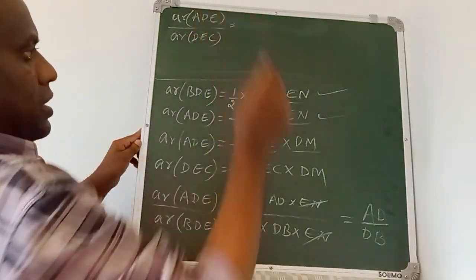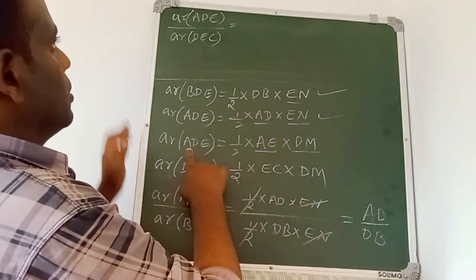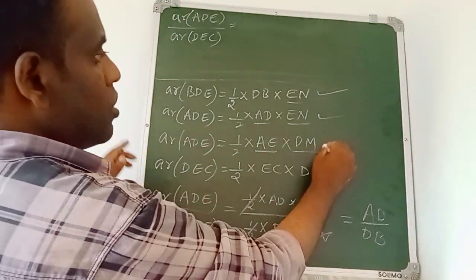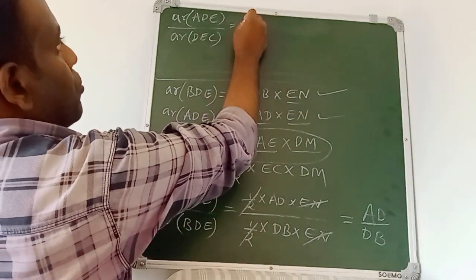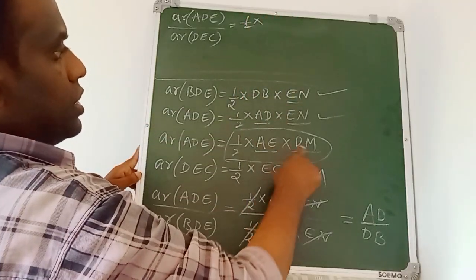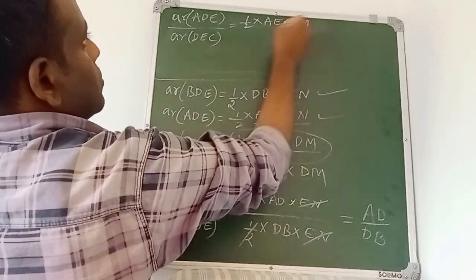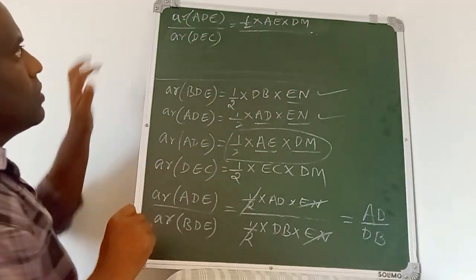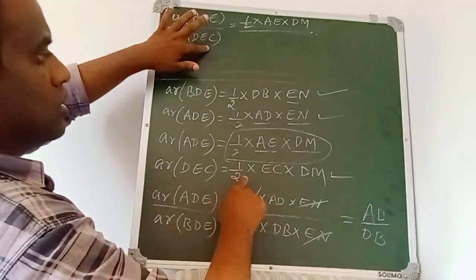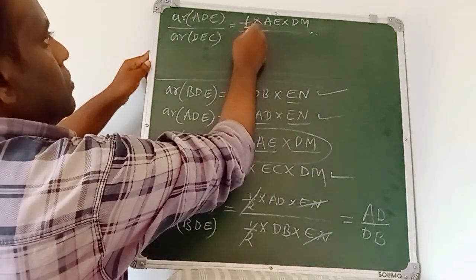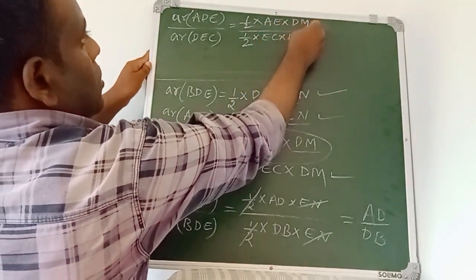So area of ADE, this formula I have taken here. Next time I will take this formula, this one. So half into AE into DM. Next, area of DEC, this formula. So half into EC into DM.